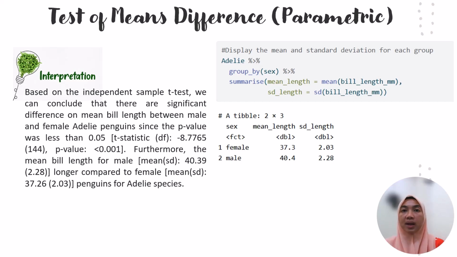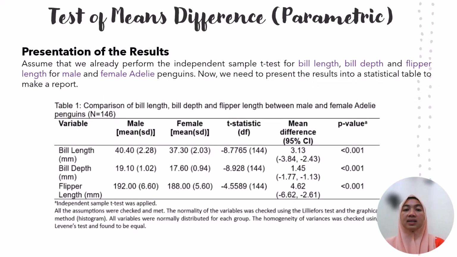So we need to explain and write about the t statistic, what is the value of the t statistic, and the p-value also. Furthermore, the mean bill length for male, you also need to explain the value of the mean for the male and the value of the standard deviation, was longer compared to female penguins for the Adelie species. This is how to present your result.